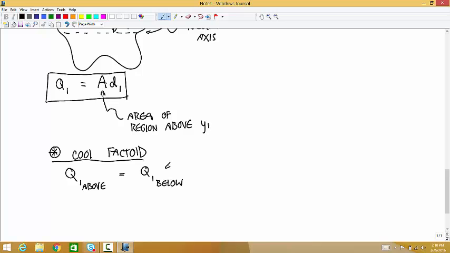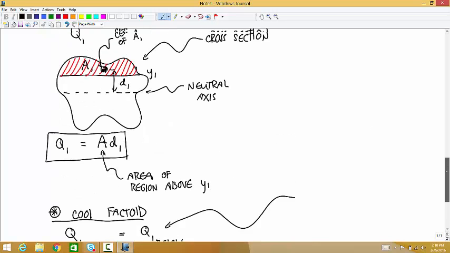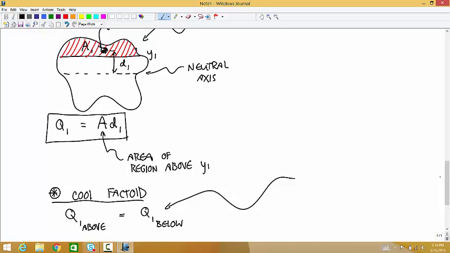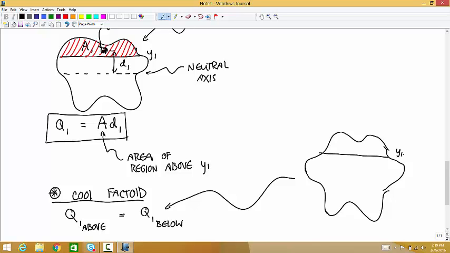So to do it below, you'd do the following. Should have made this an easier shape to copy. Okay, so here's your line Y1. Here's your neutral axis. So this time, calculate this area.